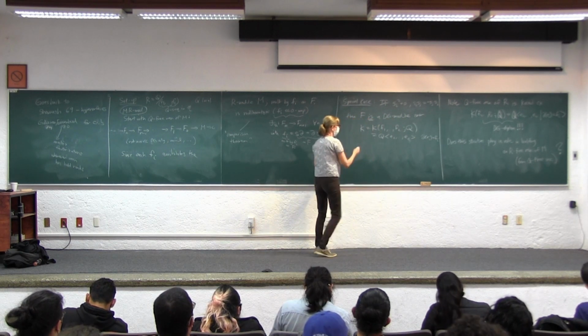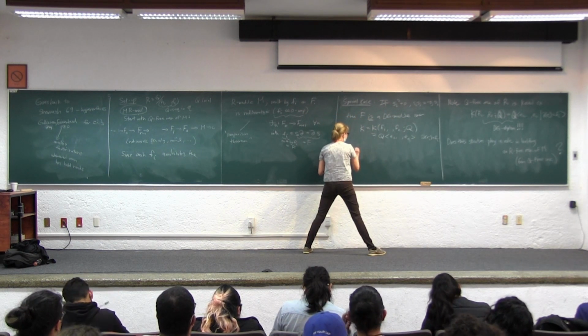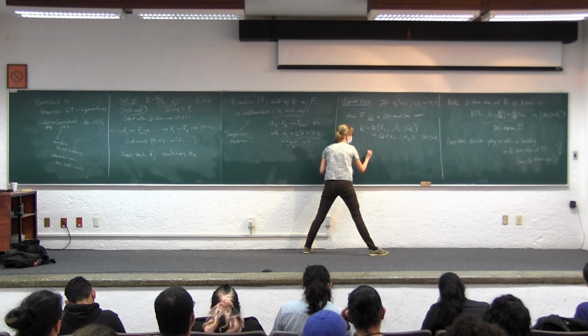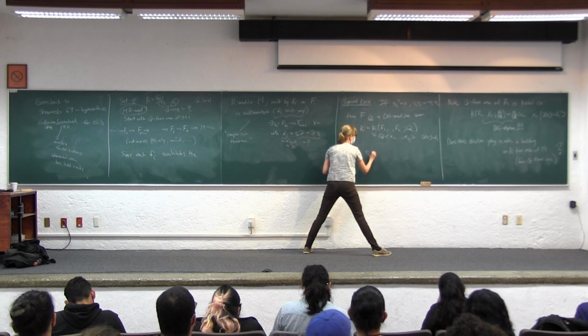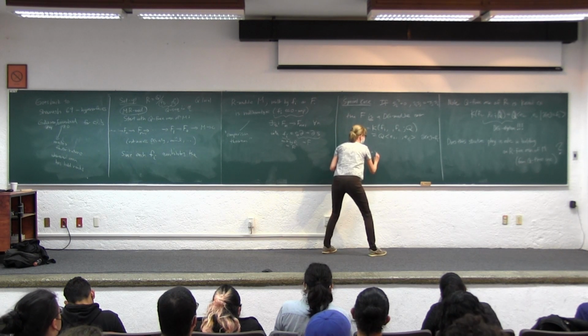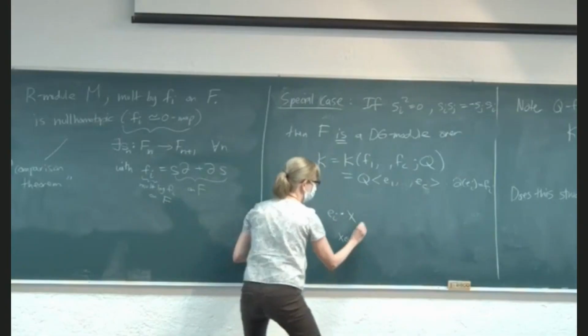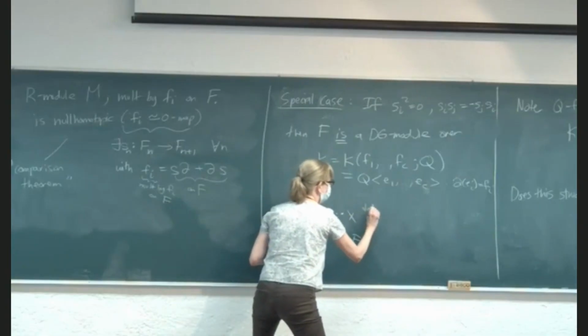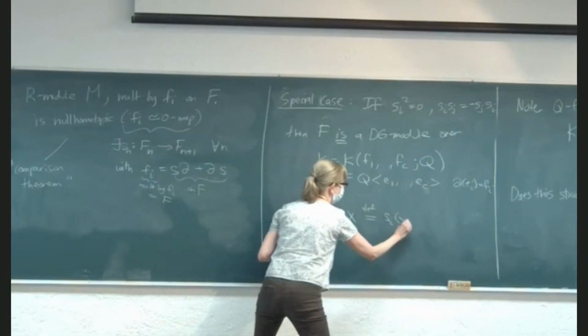Okay? And so you just define Ei times anything in F, so any x in F, you define it to be just do the homotopy Si.